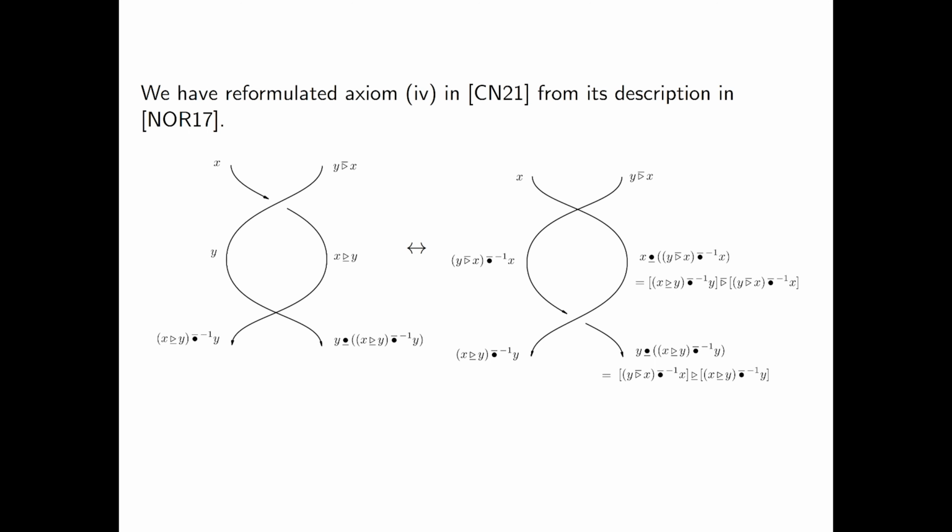Now, once we have everything colored, we see that this move gives us axiom number 4 as it's formulated in the definition of the Psyquandle structure. To get the remaining axioms, you have to go through the Reidemeister moves, color them, and see the equations that you get following the coloring conventions at a positive, negative, singular, or pre-crossing, and the coloring rule that we have for the inverse operations.